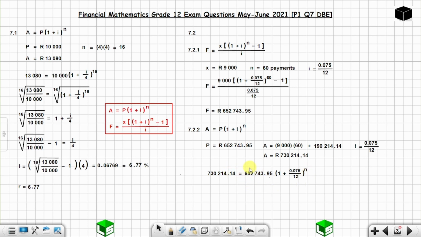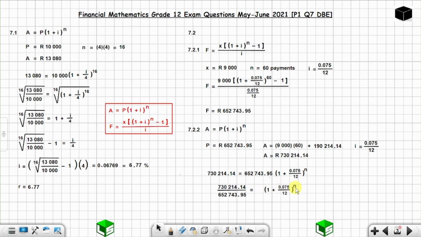I'm going to divide by this on both sides so that I can have this part on its own. So I have this divided by this. This is equal to, I divide this by this, I'm going to be left with this.